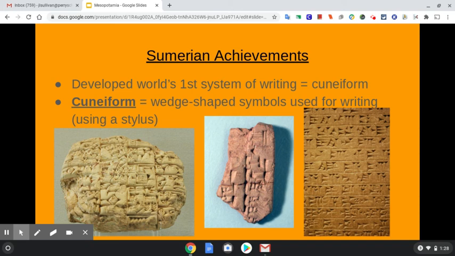They used a stylus, like what you might use in art class, almost like the sharpened edge of a pencil, and they would make those wedge-shaped marks by pushing in the end of the stylus and then drawing lines. These are examples of some of the tablets that have been found from that time period.